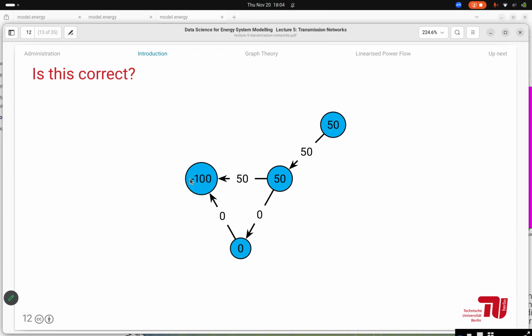Probably what many of you would say if you don't know about power flow. I don't know if you do know this already, but from a naive point of view, if you don't know anything about it, this could be reasonable. This is not the case, of course. Otherwise, I wouldn't have put it this prominently here.